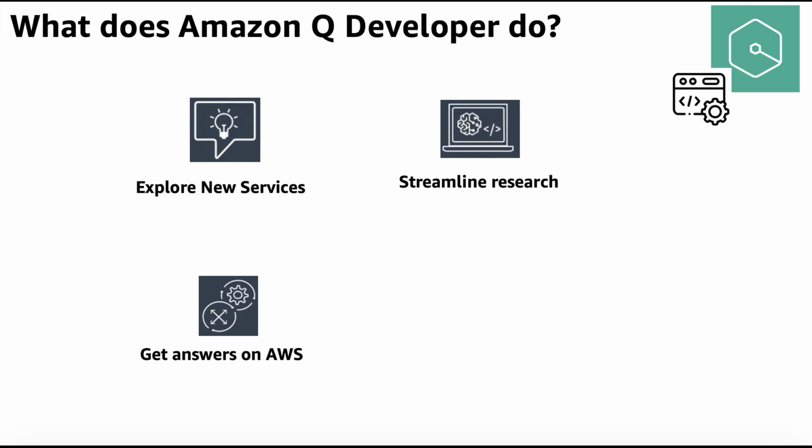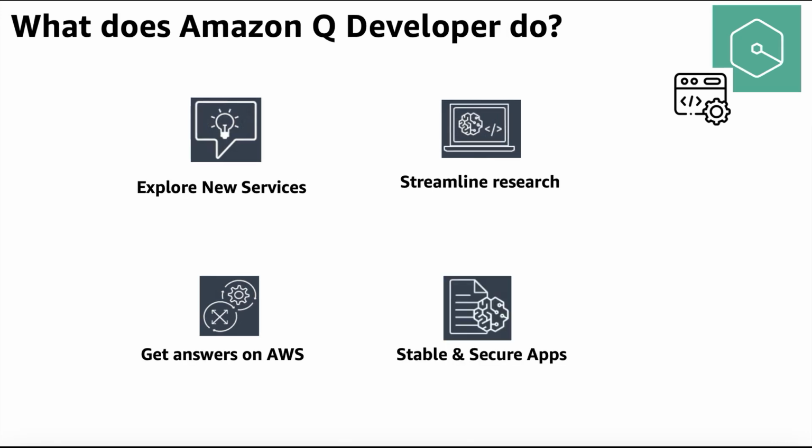It uses natural language processing to answer questions on AWS architecture, best practices, documentation, and support, providing contextually relevant and actionable answers. It helps you with code explanation, generation, debugging, optimization, feature development, and code transformation.